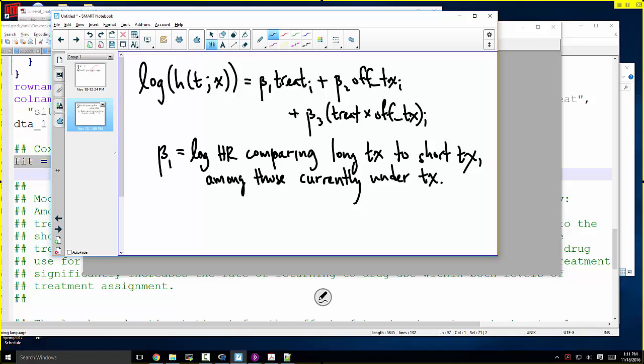Beta 2 is the log hazard ratio comparing, let's call them dropouts, to those currently in treatment.